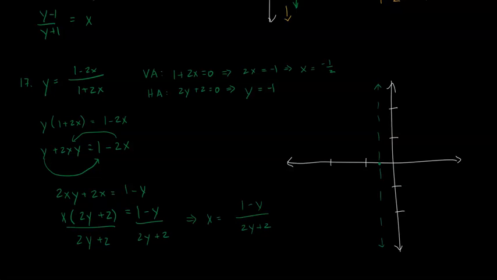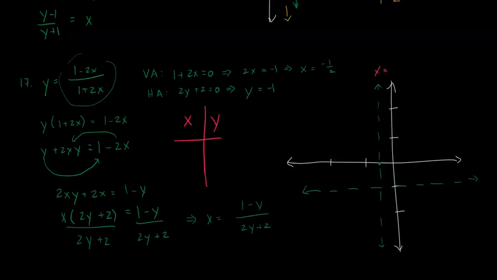For my vertical asymptote and my horizontal asymptote, I draw them just like that. Once again, I don't see any kind of reflection being done. I have a feeling that it's going to be right there and right there. But let's go ahead and check x and y.